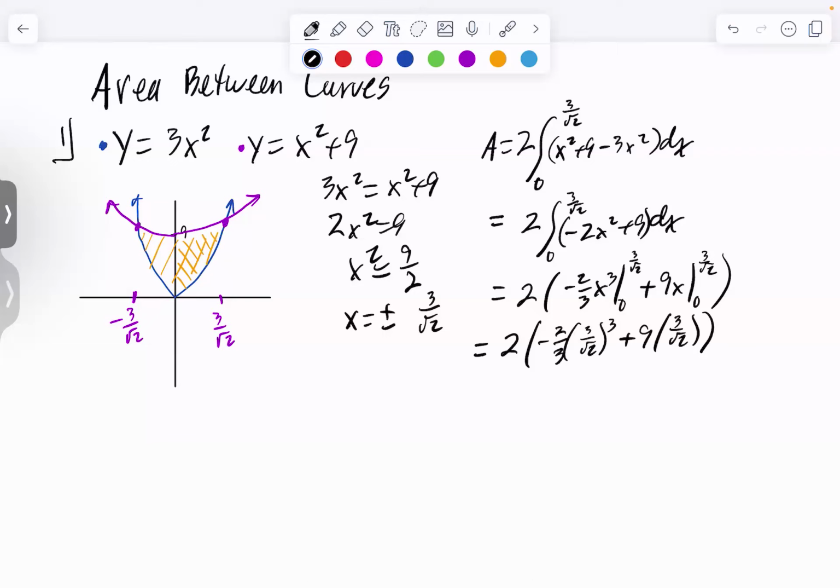Let's keep going over here. This is going to be 2 times negative 2/3 times 3 cubed, which is 27, over root 2 cubed, which is going to be 2 root 2, plus 27 over root 2.